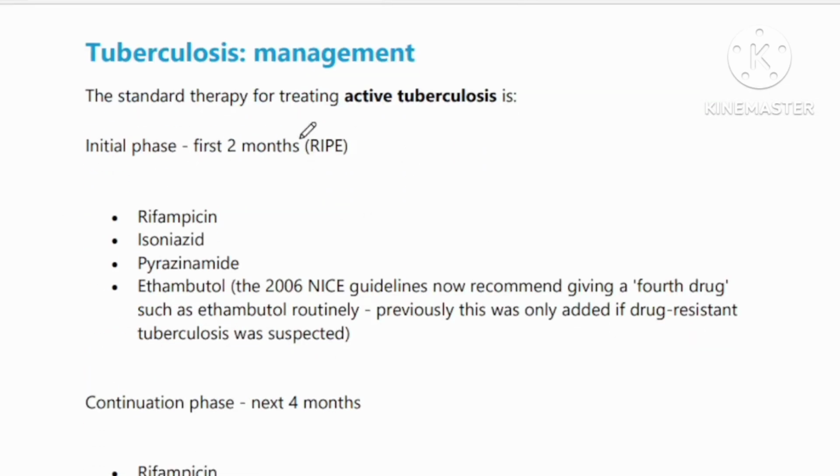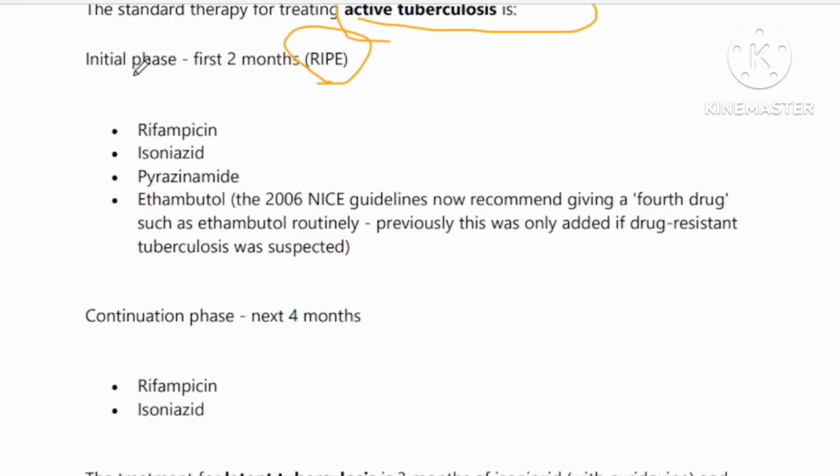For the management, they are the standard therapy. You can remember by the mnemonic, right? Here we discuss the active tuberculosis management. The first 2 months are known as the initial phase. In this we give all 4 main drugs: rifampicin, isoniazid, pyrazinamide, and ethambutol.